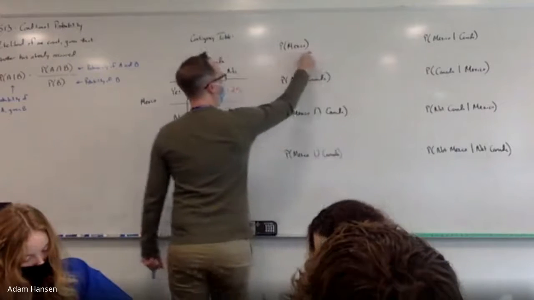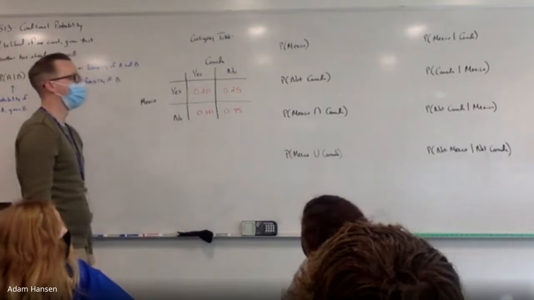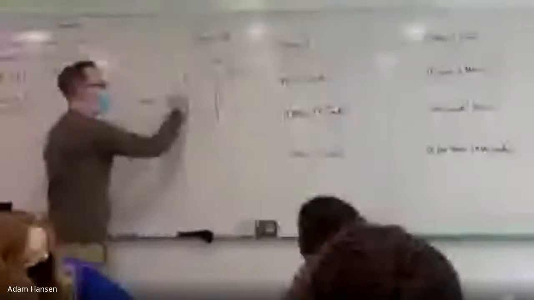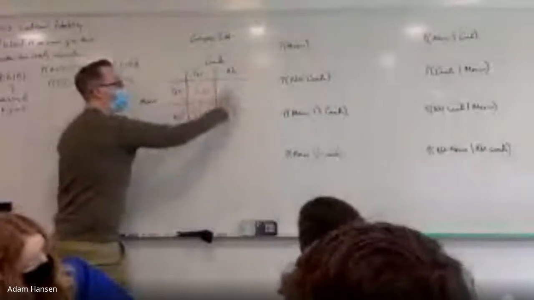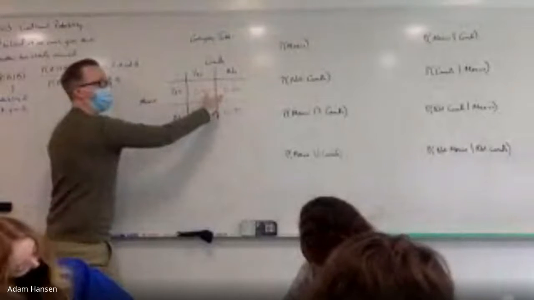What's the proportion or probability of a student in this class having been to Mexico? If you've been to Mexico, you live in this top row. You could either have been to Mexico and also Canada, or just Mexico but not Canada. So I need to do what with these two?